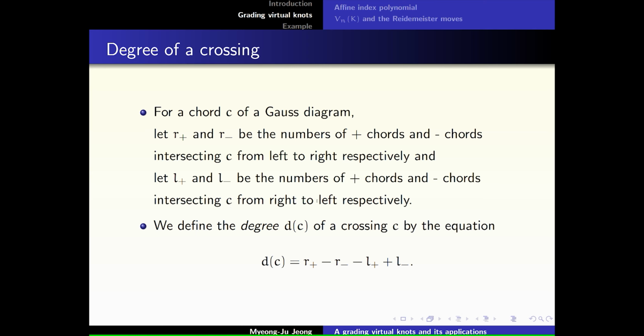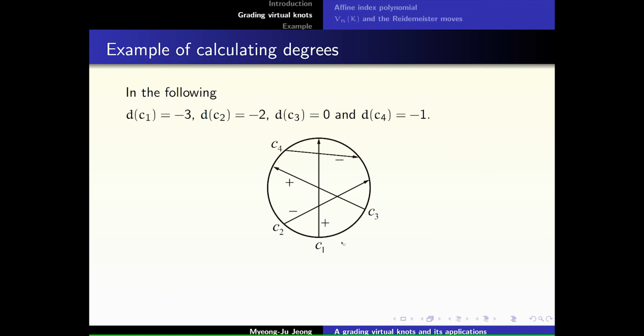And then we define the degree, which is denoted by d of C, as shown in this formula. So d of C is defined as R sub plus minus R sub minus minus L sub plus plus L sub minus. For example, if we consider such a Gauss diagram which has 4 codes, in particular if we consider C1, then we meet C2, C3, and C4.